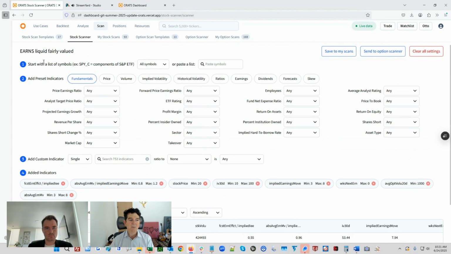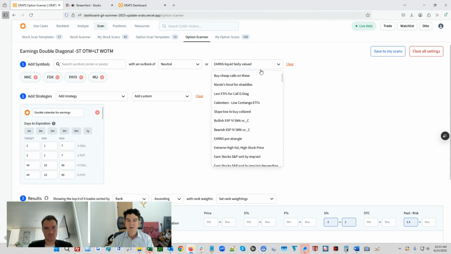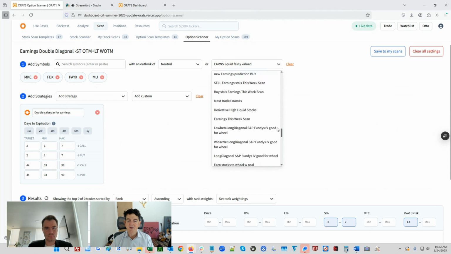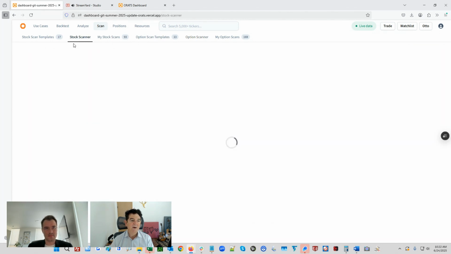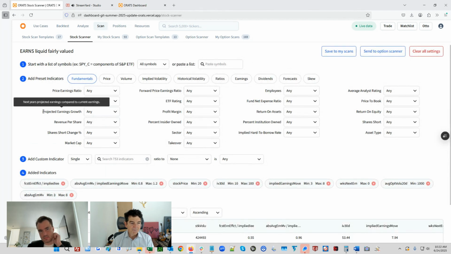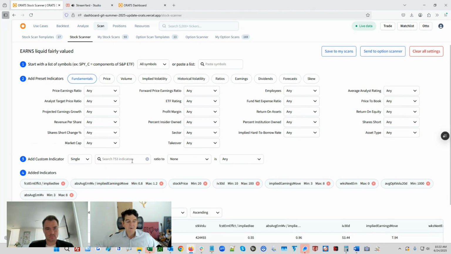You could go to the option scanner and then drop down in the stock scanner portion here. These are all the ones that you have saved, so it's really cool. I have a lot, but it could bring in lists, so it's very handy. And you could do a ton of things because we also have custom indicators where you can do singles or ratios of 700 indicators. So it's 700 divided by 700. How many different ones is that, Tyler? 50,000 different.